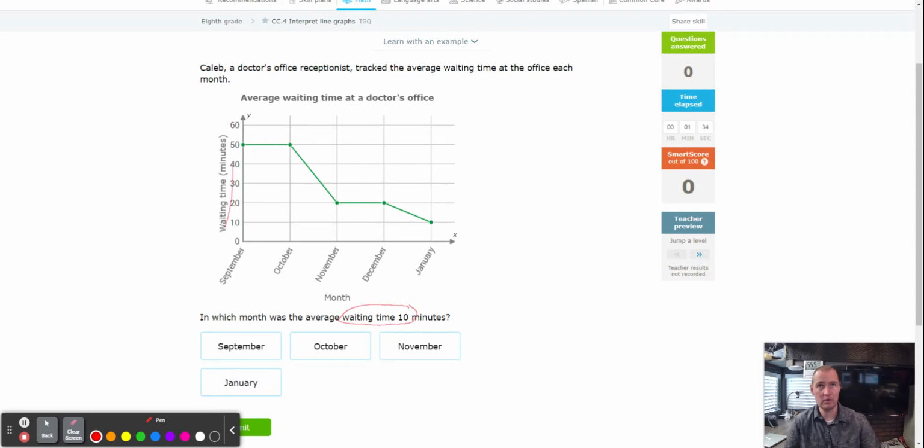If you look at our y-axis here, that is our waiting time, and that's 10 minutes. So being consistent, go right, go right, go right, go right until we hit the line, and the average waiting time right there of 10 minutes, going directly down, is January. So we're going to go ahead and pick January on that one.